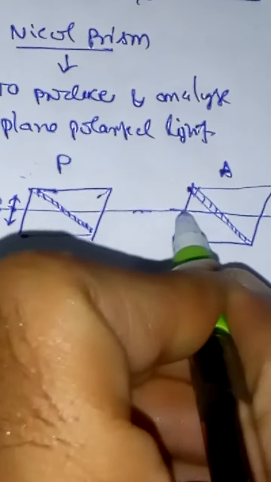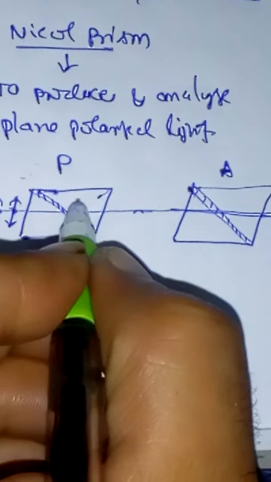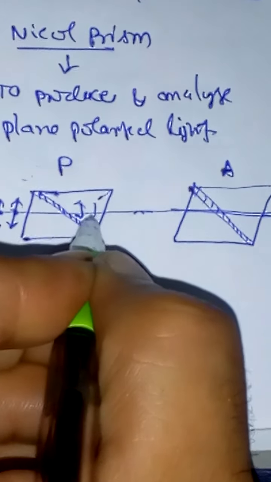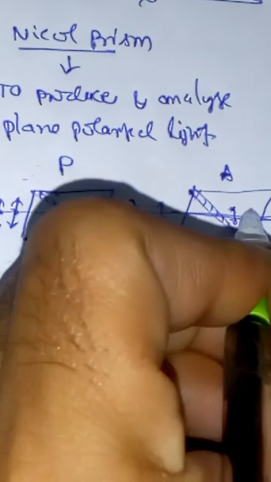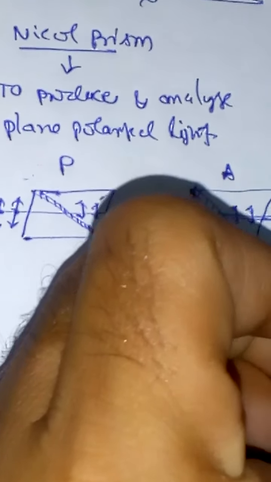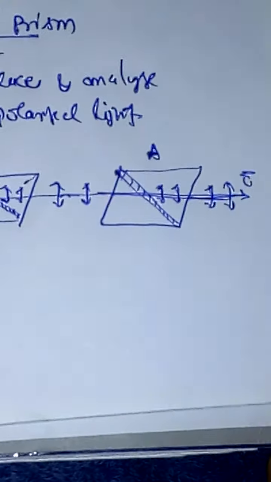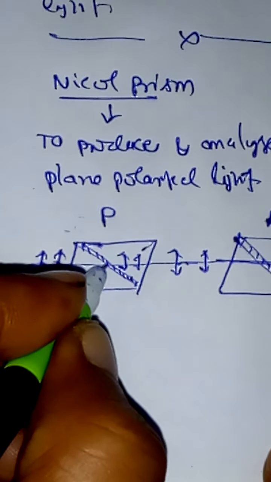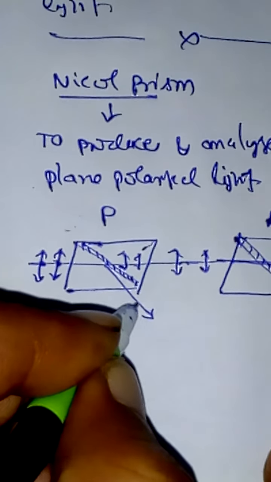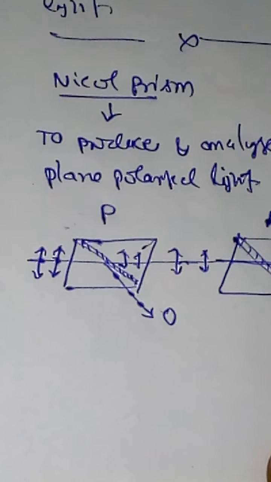Now this extraordinary ray, here it is divided. So unidirectional vibrations can be seen here, like this. This is the extraordinary ray we are talking about. And here the ordinary ray is happening.